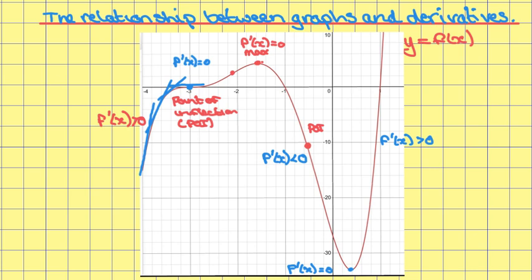And then after the point of inflection, it starts getting harder, still negative, but it's getting less negative, less negative, until we reach that point, which is a stationary point, and that is a minimum.